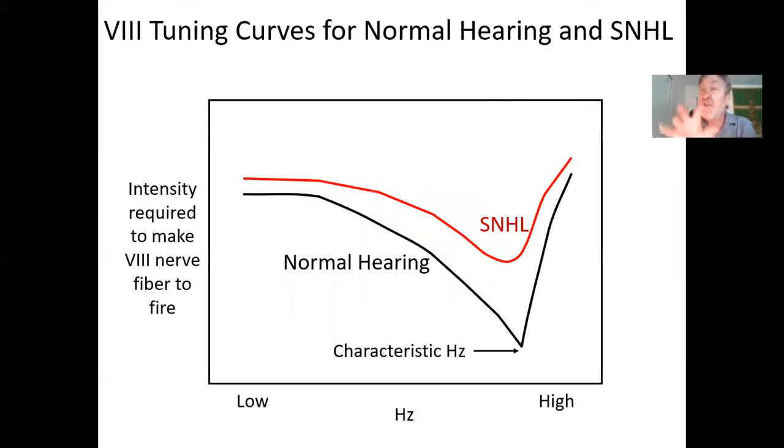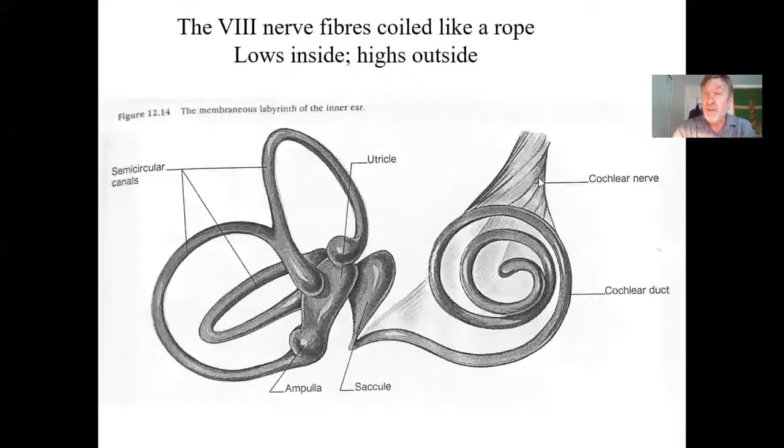And we said last week as well, and in other classes, especially 120, eighth nerve tuning curves for normal hearing and sensory neural hearing loss. So here might be an eighth nerve tuning curve in black for a normal hearing person for some specific neuron fiber that we picked over here, okay?